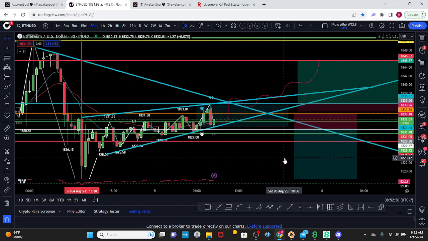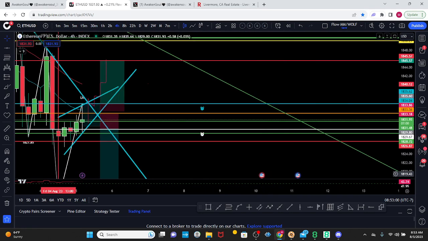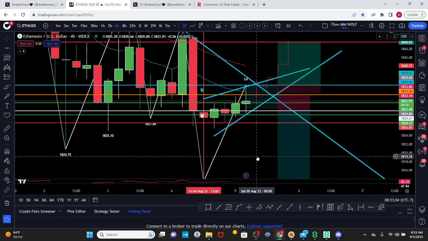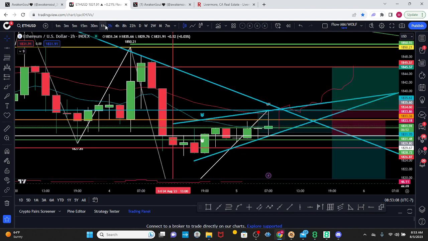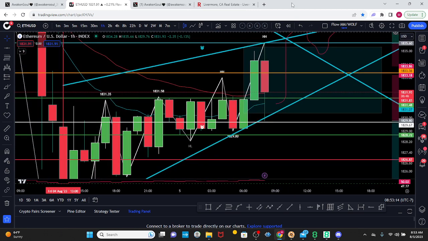Okay, and that's how I play the game. Remember, the trend is down, so be careful with longs. You're playing against the trend when you're longing right now, but it could definitely be a possibility because the trend is down on the 4 hours and 2 hours and the 1 hour. So just be aware of that.